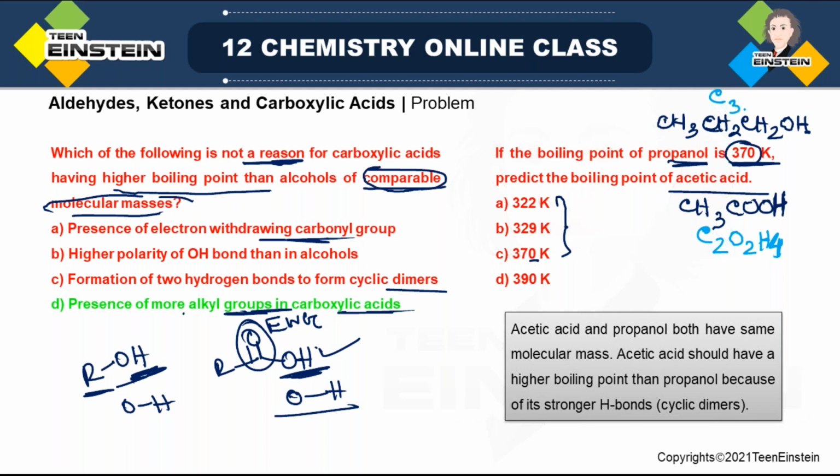Here it is C3, then total number of hydrogen 8, total number of oxygen O. Fine. Now C3H8O, you consider 3 into 12, 36 plus 8 plus 16.